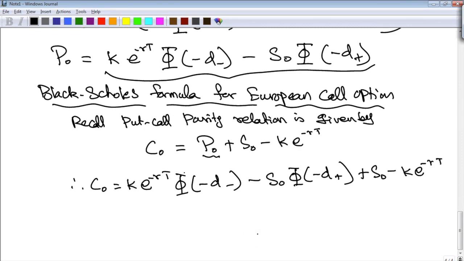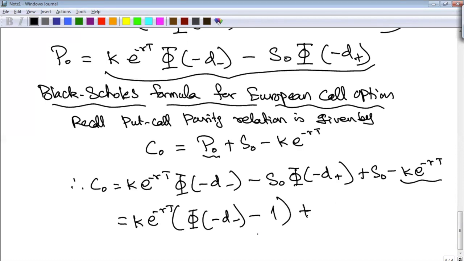So we are just substituting the expression for P_0 from the Black-Scholes formula for put option, and that can be rewritten as K e^{minus rT} into Φ of minus d minus minus 1, which is coming from here, plus S_0 into 1, that is this, minus Φ of minus d plus.